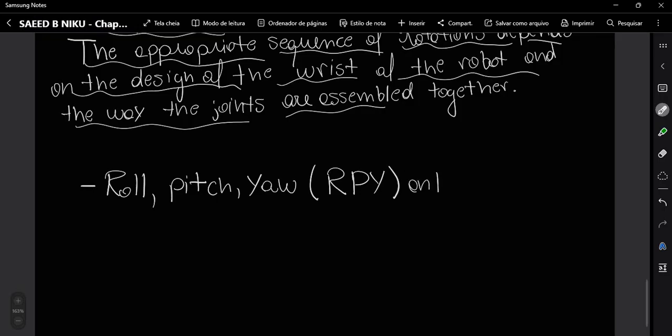Those are angles. And we got Euler angles, and articulated joints.